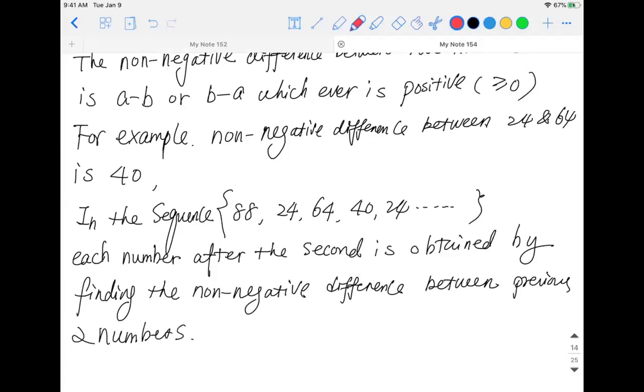You see, these two numbers are given. Now I'm going to find the non-negative difference between the previous two, that's 64. Now I'm going to find the non-negative difference between the previous two, that's 40, right? Same thing, so on and so forth.